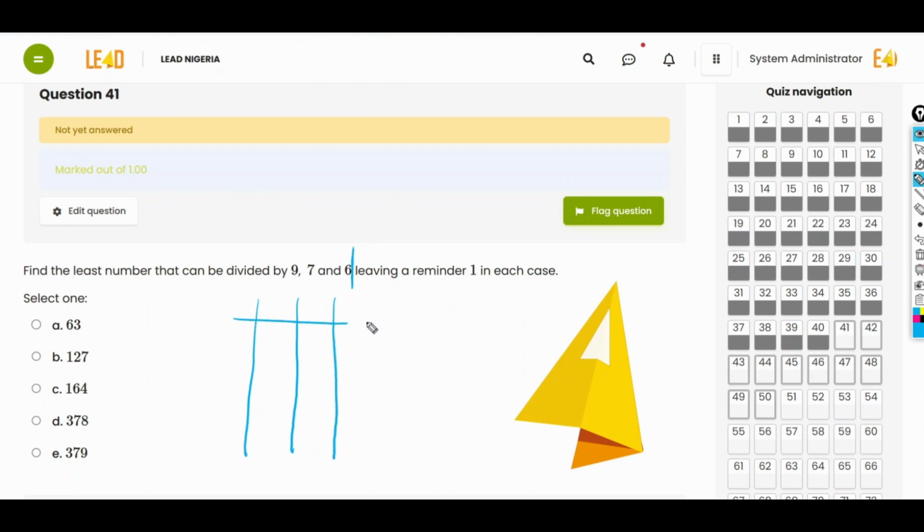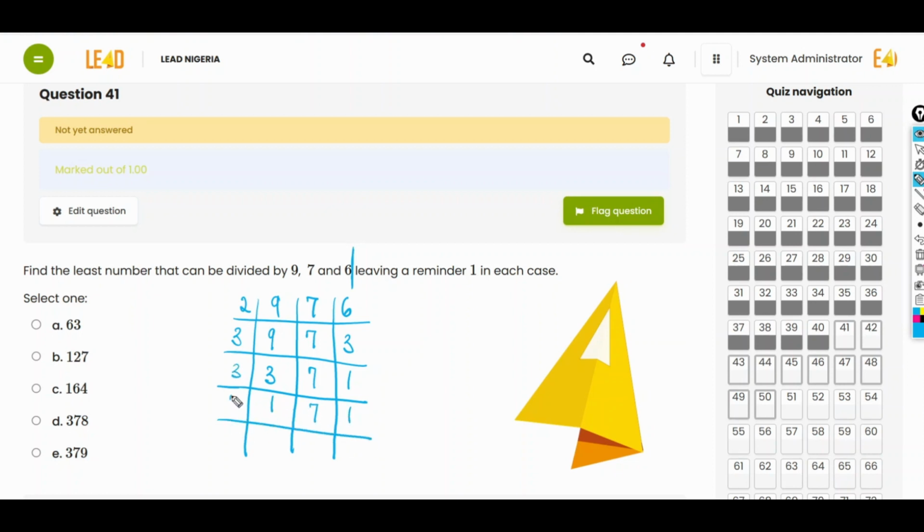So that'll be the LCM of 9, 7, and 6. We can use 2. Two into 9 doesn't work, so we'll put down 9. Two into 7, we'll put down 7. Two into 6, 3. We can use 3 now. We have 3, 7, 1. We can go again with 3, 1, 7, 1.